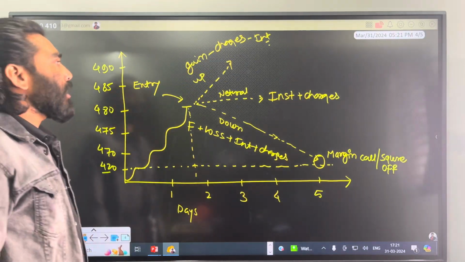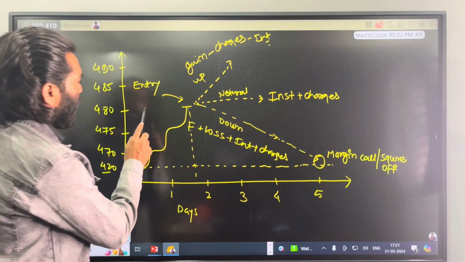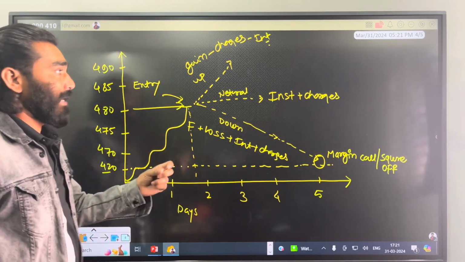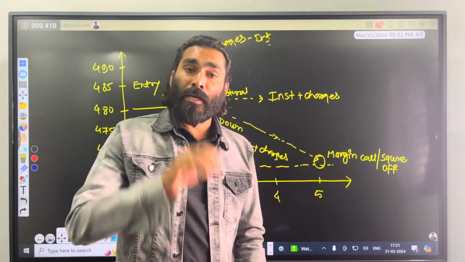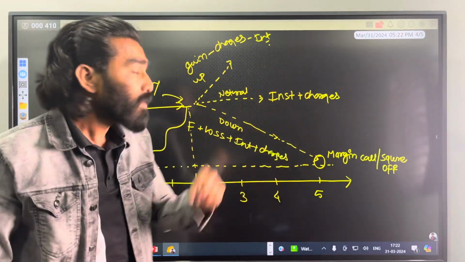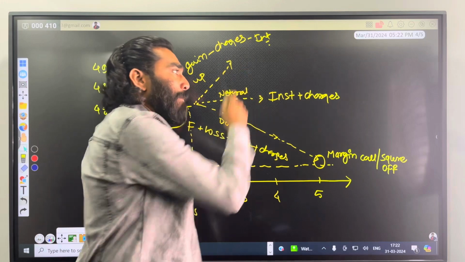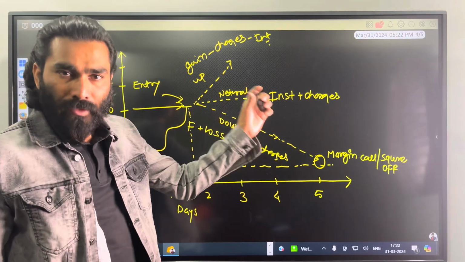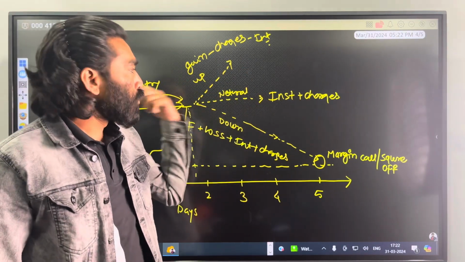So now if I talk about margin, let's say you have taken entry at this point in time, 480. Once you take an entry, of course, if it is a buy, then your expectation would be that the market should go up. If the market goes up, then whatever quantities you have, you would be in profit.